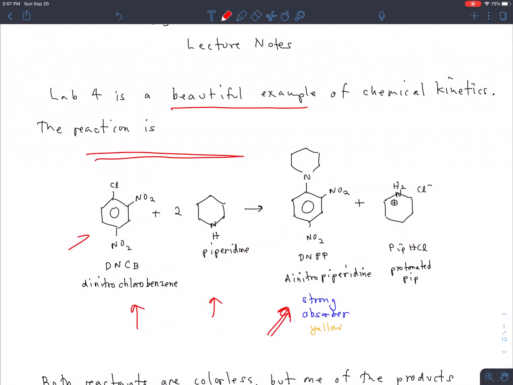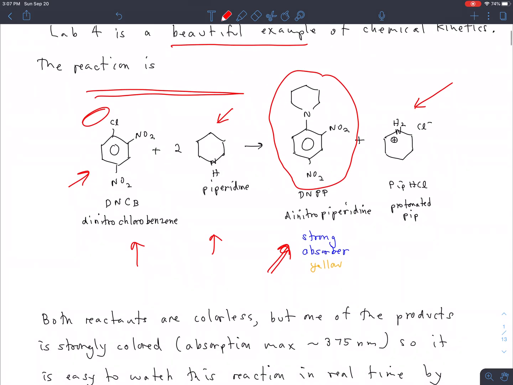We have DNCB, which has this labile chlorine at the top, reacts with piperidine, forms this yellow-colored molecule, and a leftover protonated piperidine.